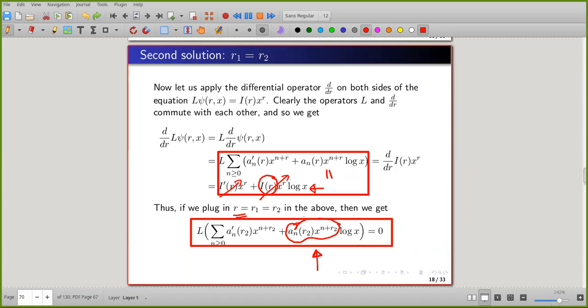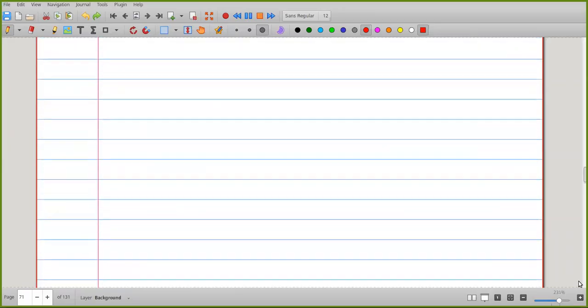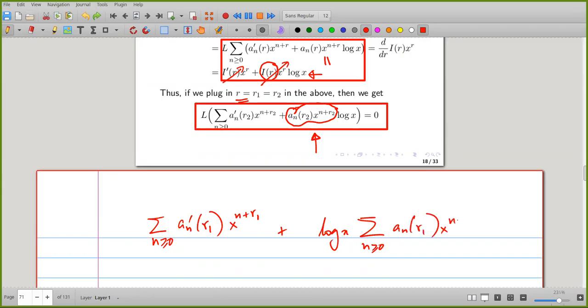So let me just write on a new page. This is of the type L of the summation n greater than or equal to 0 of a n dash R1 x to the power n plus R1.